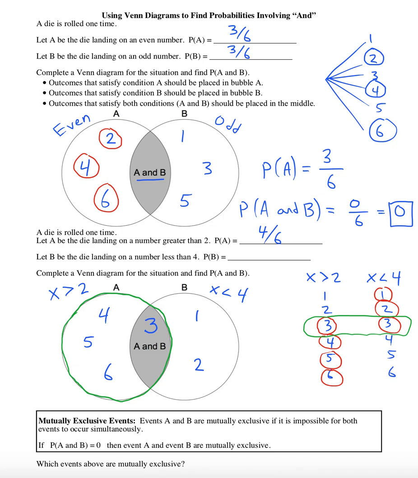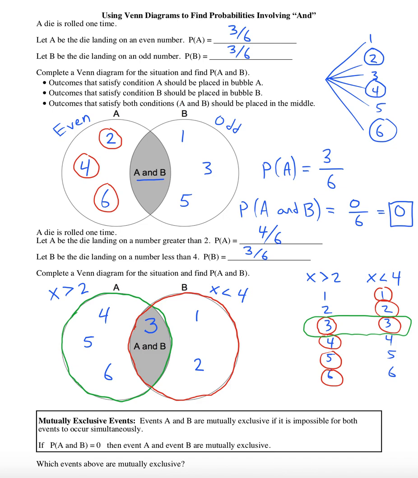So we have a 4 in 6 probability of rolling a number greater than 2. Can we find the probability of B from the Venn diagram? Yes. Now we'll want any outcomes that fall inside the B bubble. And there are 3 of them. So it's a 3 in 6 probability.